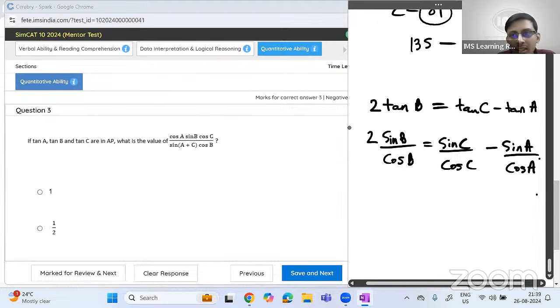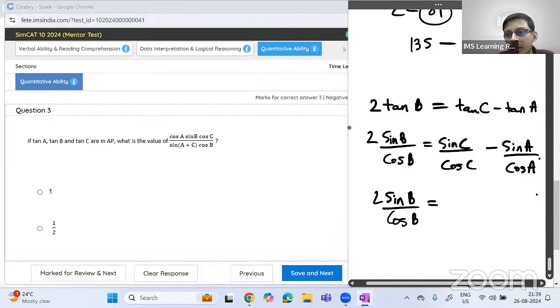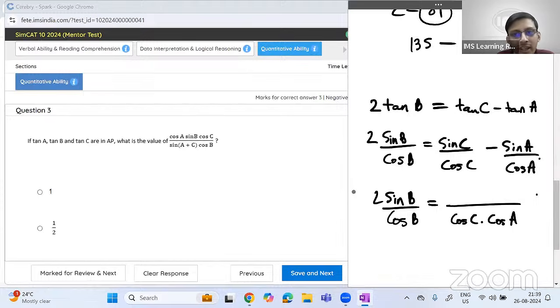Okay, now let's simplify the right hand side. So right hand side, cos B into cos A. I can see I have that in the numerator of what I have to find. I have sin B also. Okay.